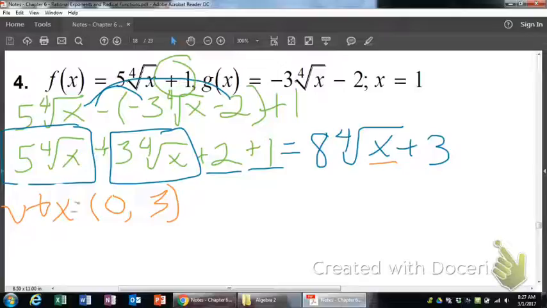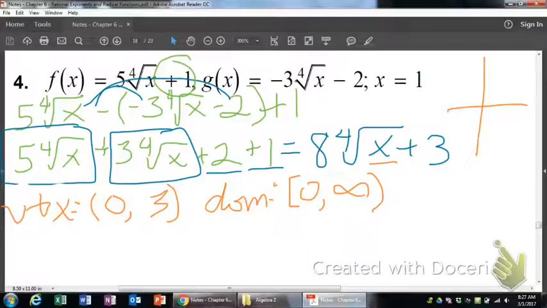Since that is the vertex, my domain is my x values. So it starts at 0 and it goes on to infinity. This time, if I were to draw a graph, it would start at 0, 3 and then go on forever.